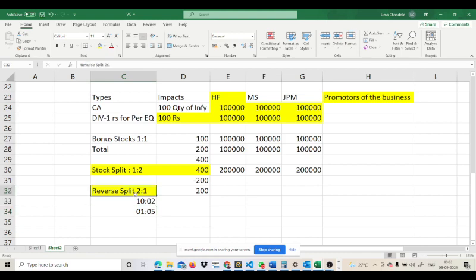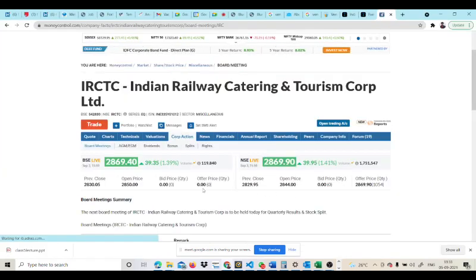The most important question is why the companies announce a corporate stock split or reverse split. A number of reasons that you can see. Suppose they have objectives to increase the liquidity in the market. In that case, they can announce the stock split, because now the value of IRCTC stock is around 3000.